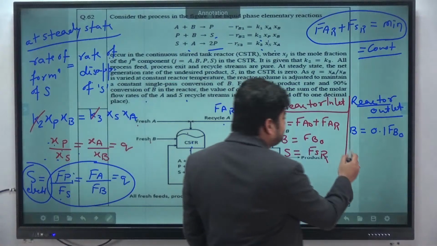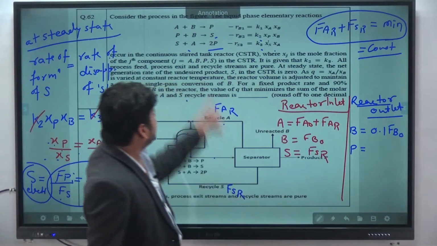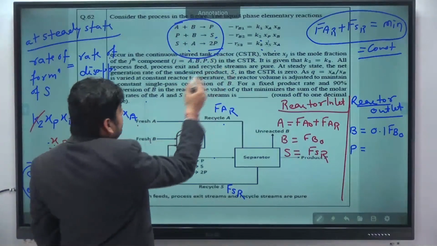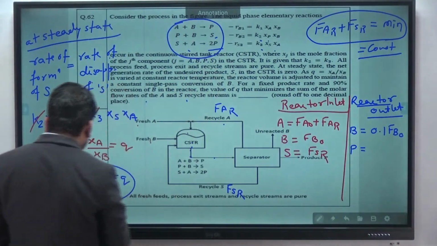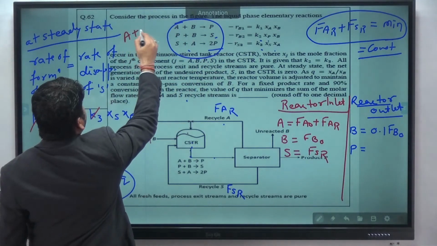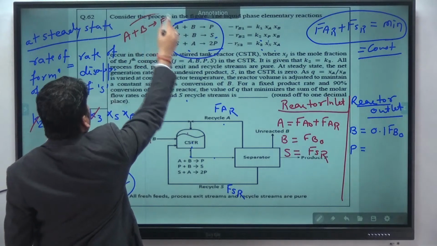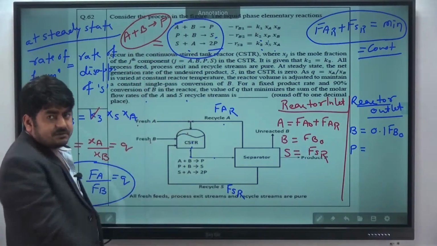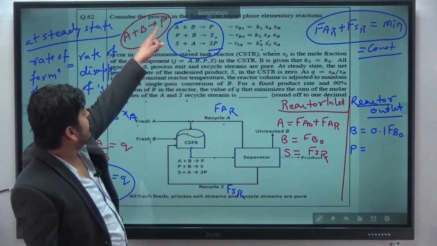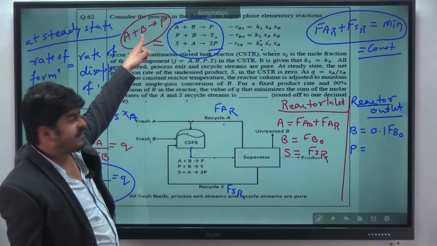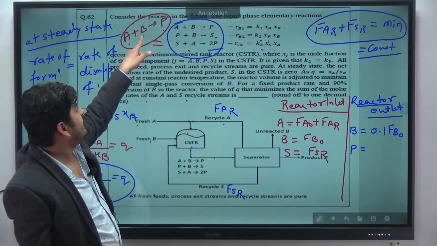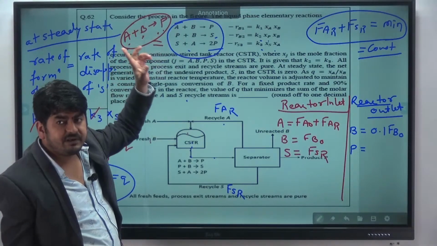Amount of P, if you see the reaction, if you combine all these reactions, the final reaction which you will get will be A plus B gives P. On combining all these steps, you will get this overall reaction. Okay. So here you can see 1 mole B reacts with 1 mole A to give 1 mole P.